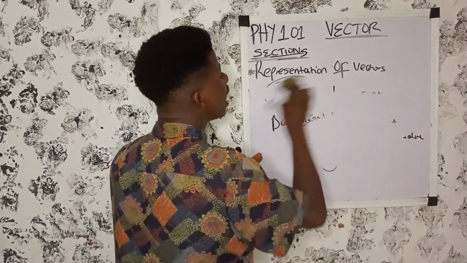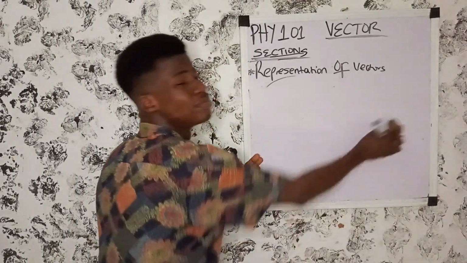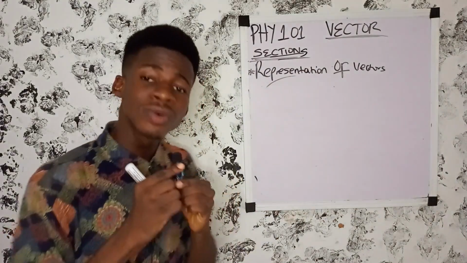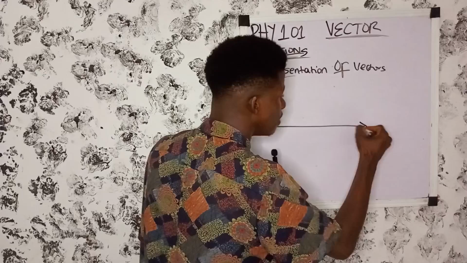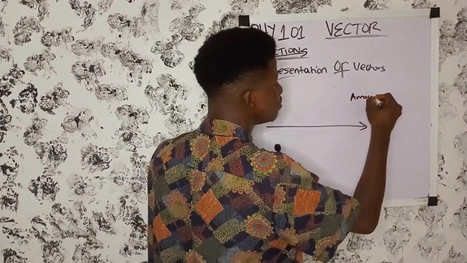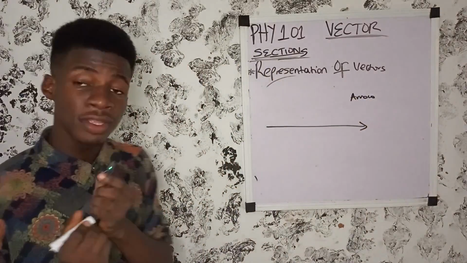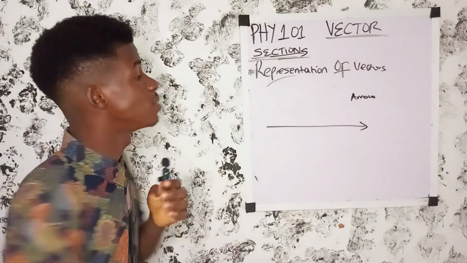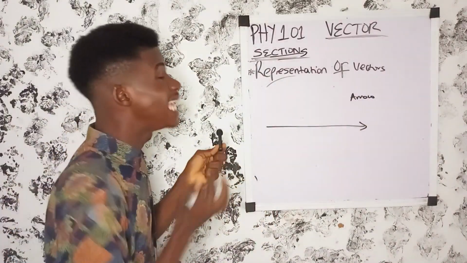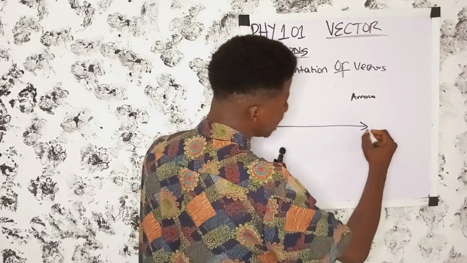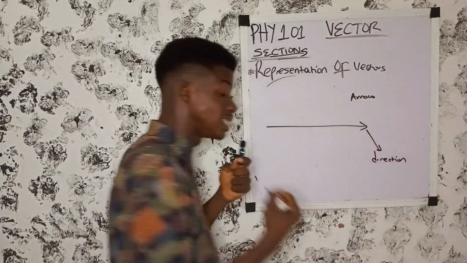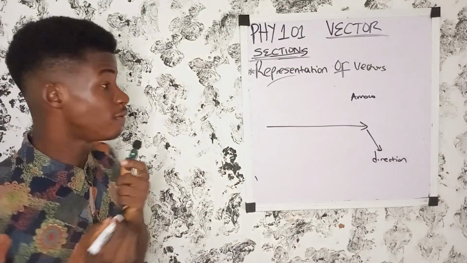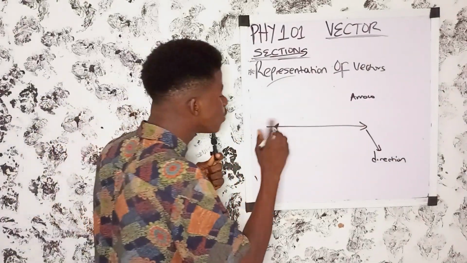Now let's continue. Representation of vector. How are vector quantities represented? Vector quantities are represented by an arrow. Please take note of this. The head of the arrow represents the direction of the vector, while the length of the tail represents the magnitude.